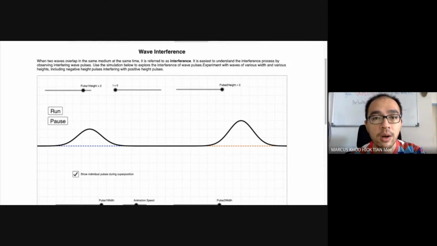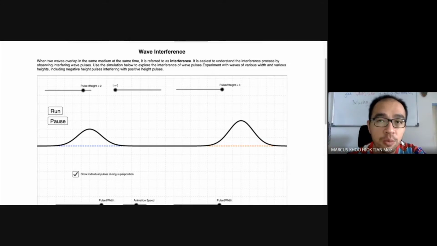Although in English, to interfere means to kacau, like stop interfering, jangan mengacau, don't menyampuk. But in wave interference, you have an original wave and then a second wave that is like menyampuk the first wave. We call this an interference. And the way they interfere is by superposing.